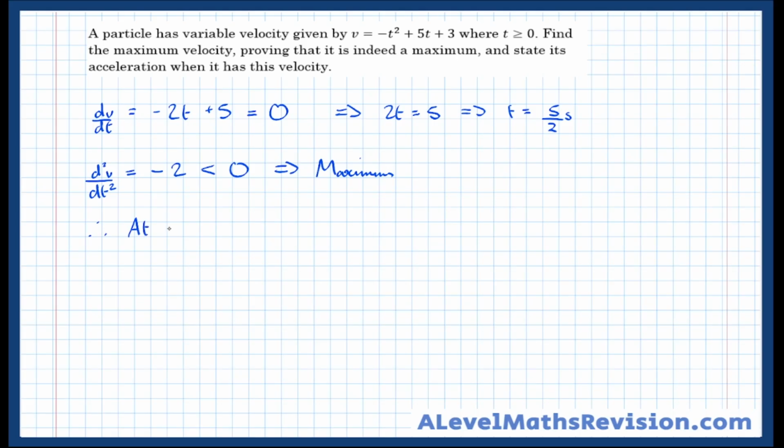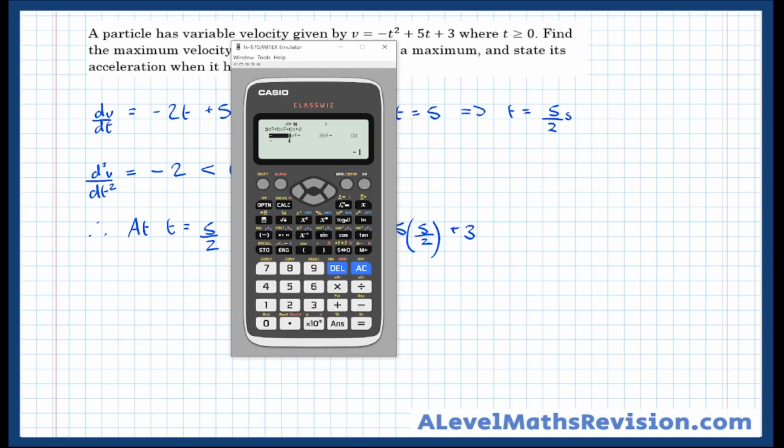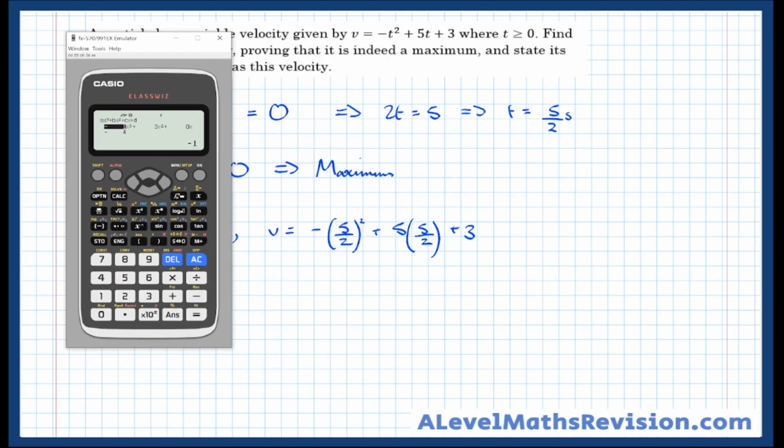Therefore, at t equals 5 over 2, the velocity equals minus 5 over 2 squared plus 5 lots of 5 over 2 plus 3, and putting that in the calculator, I'll type 2.5 rather than 5 over 2 just to speed things up.